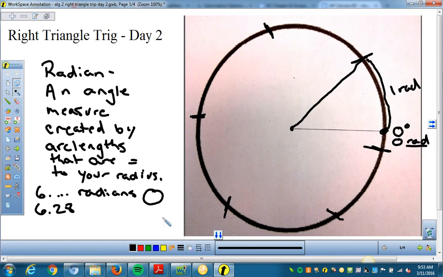What is pi? 3.14, and it takes us 6.28 to get around the circle. So 360 degrees is equal to 2 pi radians.